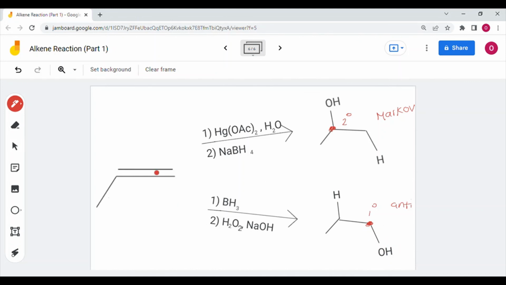Conversely, when we react this molecule in a somewhat acidic solution, it's going to give us a secondary carbon with the alcohol. So mechanistically, the mechanism for this reaction is quite long for both, so I'm not going to show you. But quite frankly, just remember that if you have an alkene and we react it in an acidic solution, it's going to give us the Markovnikov solution, whereas if we react it in some kind of basic solution, it's going to give us an anti-Markovnikov solution.